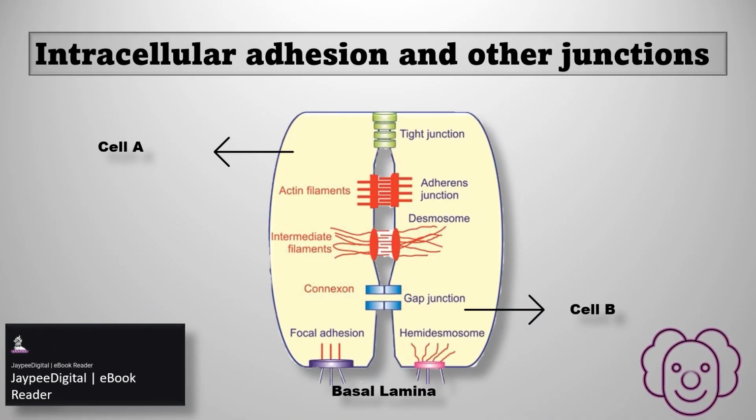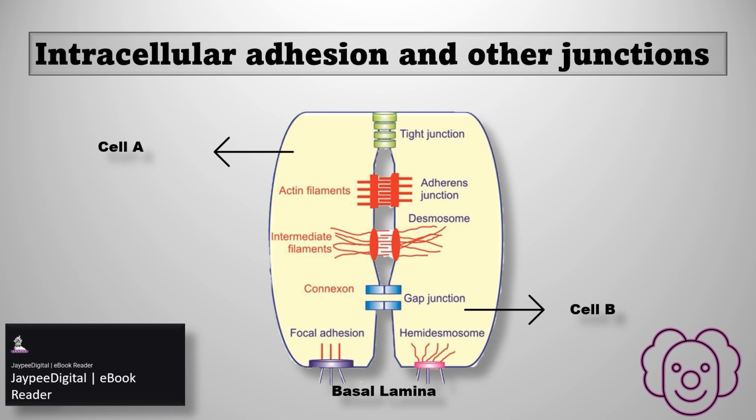The intracellular adhesions and junctions are contact points between the plasma membranes of the adjacent epithelial cells that tightly join those cells into functional units.